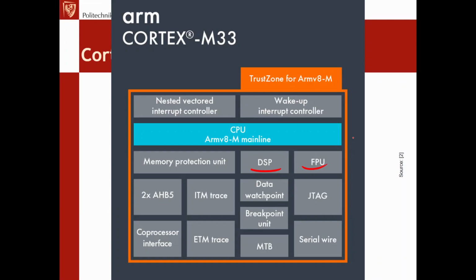Like in the M4, the new thing is the coprocessor interface, meaning that the manufacturers of M33 can fairly easily add their own instructions to the instruction list. So this is an improvement over the M4 core. Additionally, of course, there is TrustZone, because the common feature of the M33 is TrustZone.